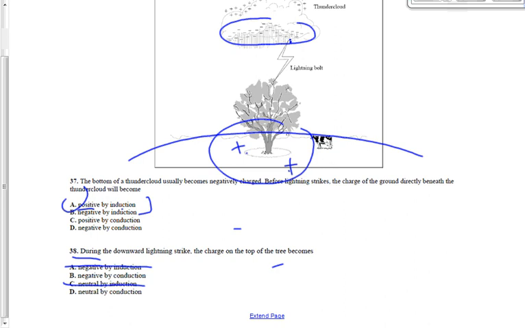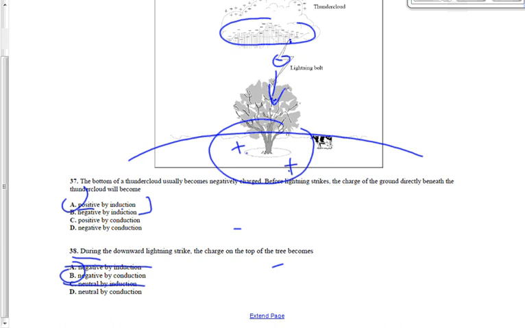Leaves us with only B or D. Odds are it's not going to be neutral, right? If you're transferring charge, you're not going to make it neutral. If the electrons are coming down to the top of this tree that was neutral, presumably, then the top of the tree becomes what? Negative. So the answer is negative by conduction.